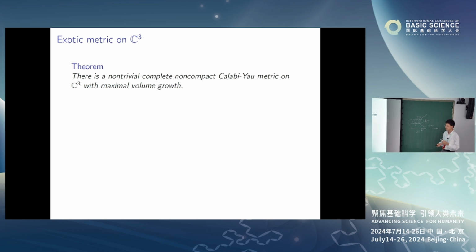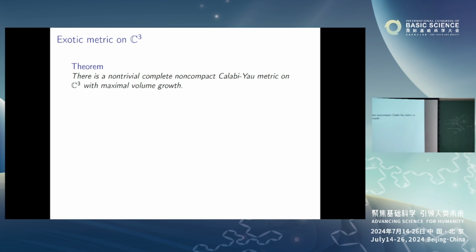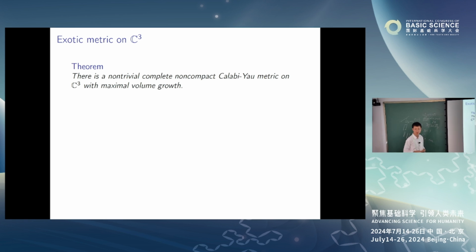So let me first switch back to the non-compact setting and tell you the main theorem of today. The main theorem is that there's a non-trivial complete Calabi-Yau metric on C3 with maximal volume growth, where maximal volume growth means the volume of geodesic balls grows up to the 6th power. The 6 comes from the fact that complex 3-dimension is real 6-dimension.